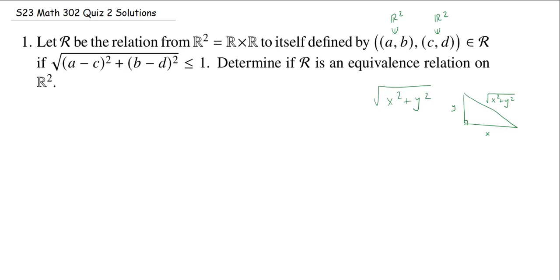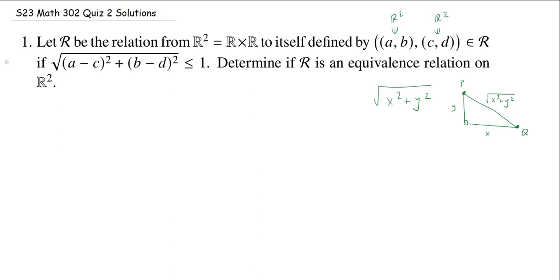And the length of the hypotenuse, another way of saying it, is the distance between these 2 points here. If this was a point P and this was a point Q, then this square root of x squared plus y squared is the distance between P and Q. That distance word should make you think of the distance formula, and then you go back and go, wait a second, isn't this exactly just the distance formula for these points A, B, and C, D?